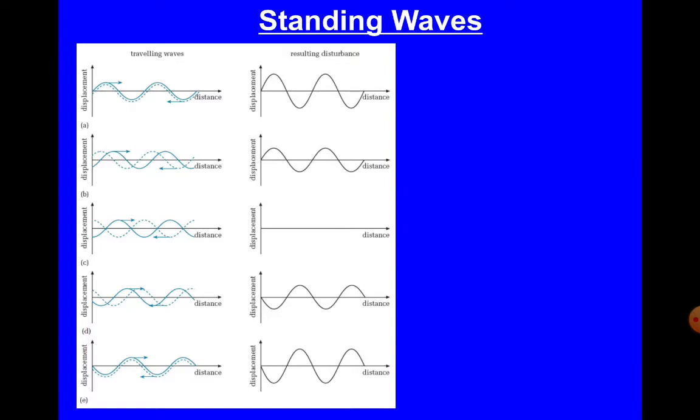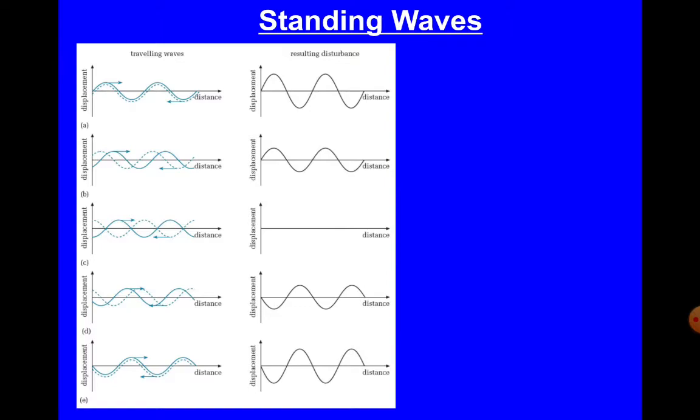Where we have maximum amplitude, we get a resultant disturbance of almost, or probably mostly, a double amplitude. When we go to B, where the waves actually have opposite motion, then we see that the waves are completely destroyed.